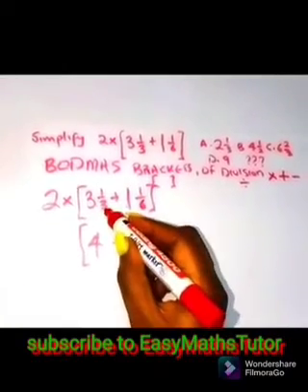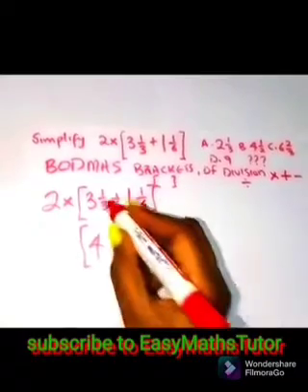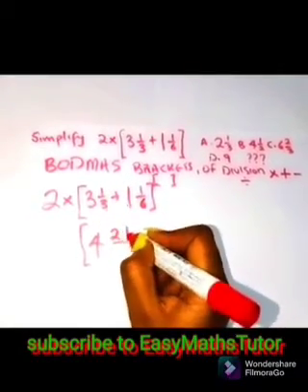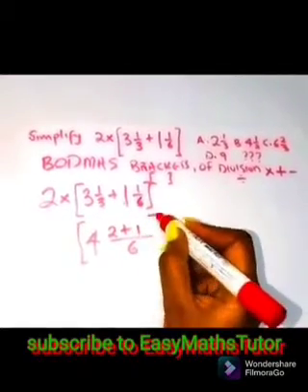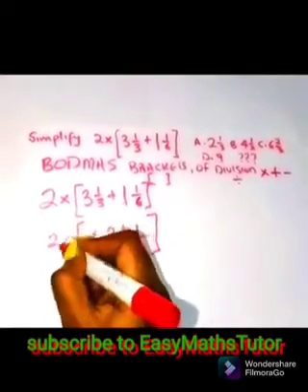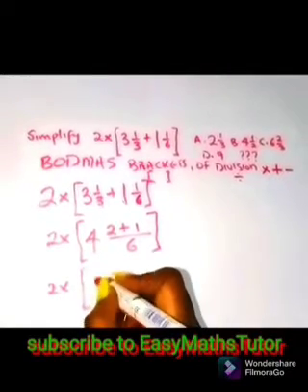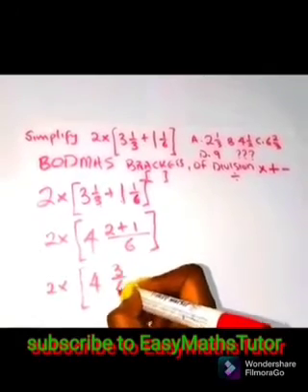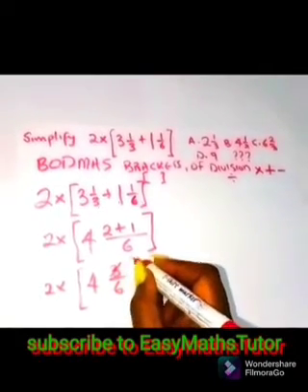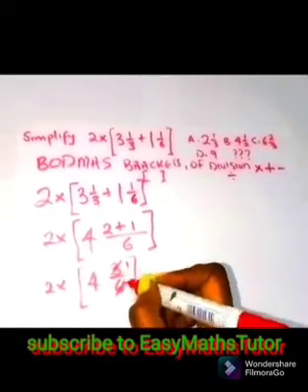So 6 divided by 3 will give us 2, times 1, which is 2. 6 divided by 6 will give us 1 times 1, which is 1. So our bracket will now become 4 whole number 3 all over 6. Right? So 3 over 6 is also half.